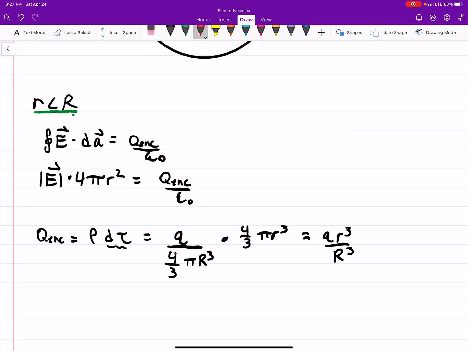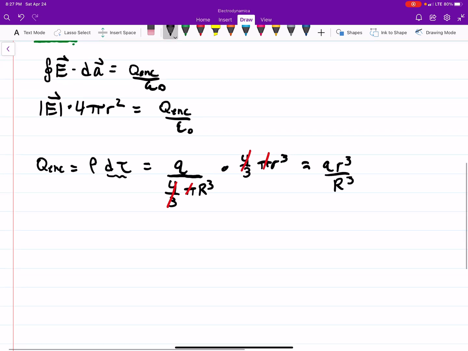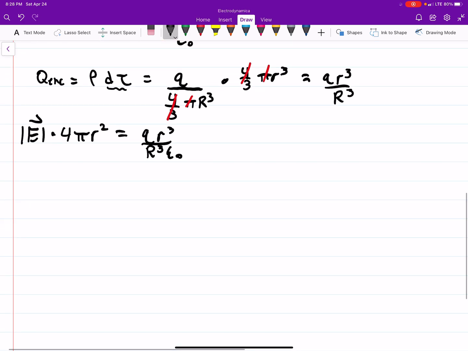Your 4/3 cancel, pi cancels, and you're left with that. So the magnitude of our E field times 4 pi r squared is equal to Q r cubed over R cubed epsilon naught.